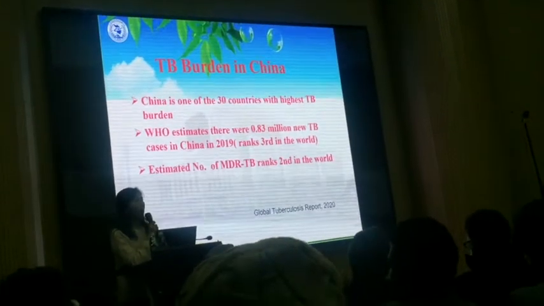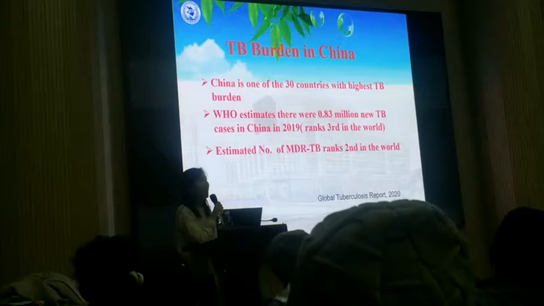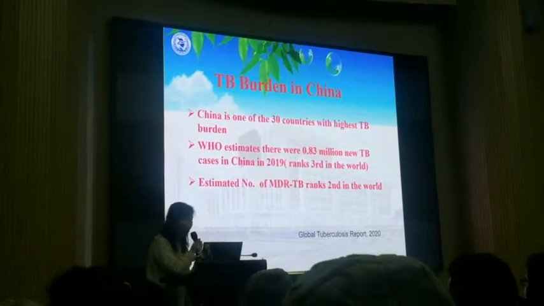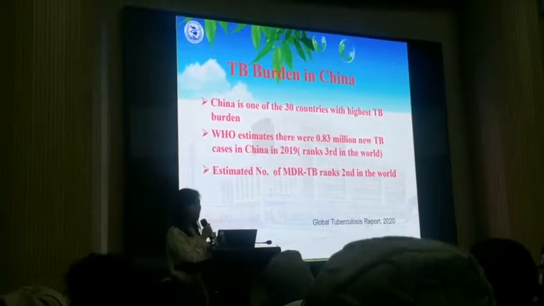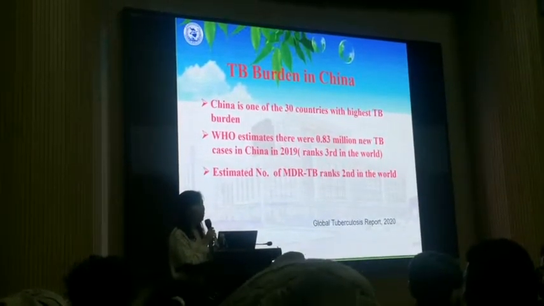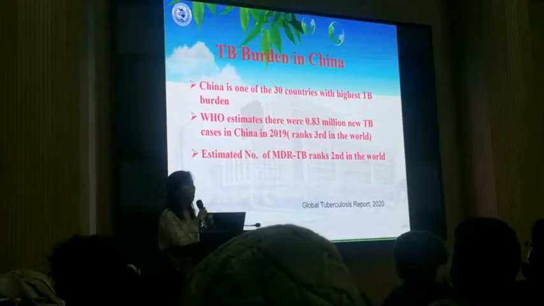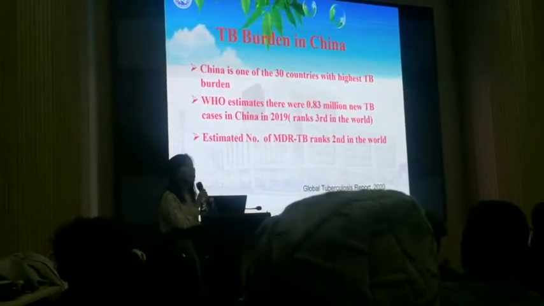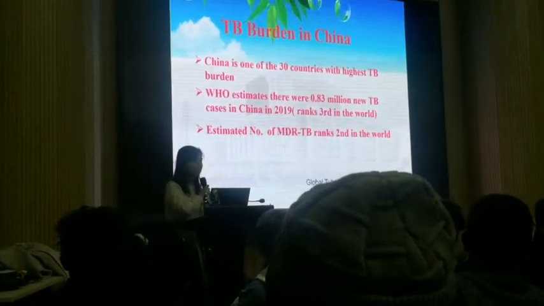The first is India, and the second is Indonesia. Also, the estimated number of MDR TB ranks second in the world, and the first is India, because of its large population.